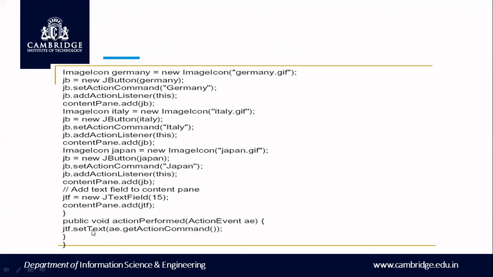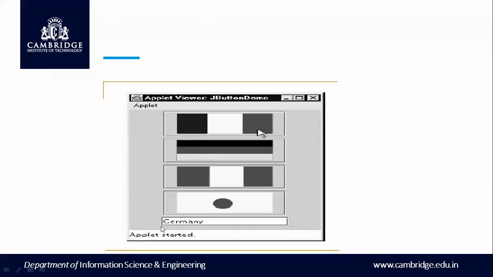It has action listeners, and it also shows you how to create the buttons. These are the buttons and this is the text area. So whenever a button is clicked, whatever text has to be displayed for that button is displayed here. And this is the applet screen. Whatever applet size you want to specify, you specify.